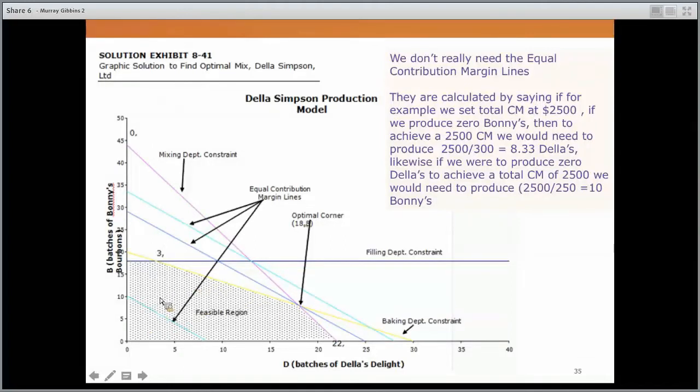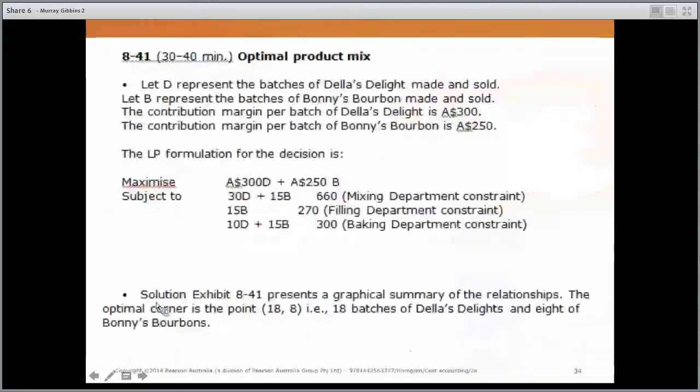So that will help us work out, we can start to draw some of these constraints and look at all of the potential combinations of how many biscuits of Della versus how many biscuits of Bonnie we should produce. So let's start drawing the constraints. Let's see how we might go about that. Well, the first thing, it's pretty easy.